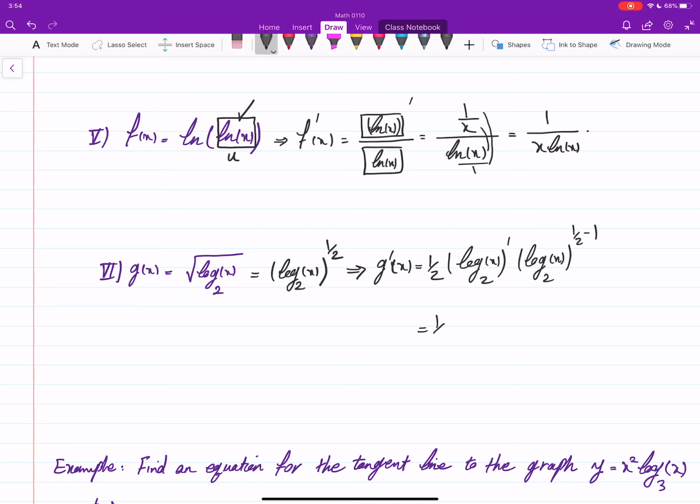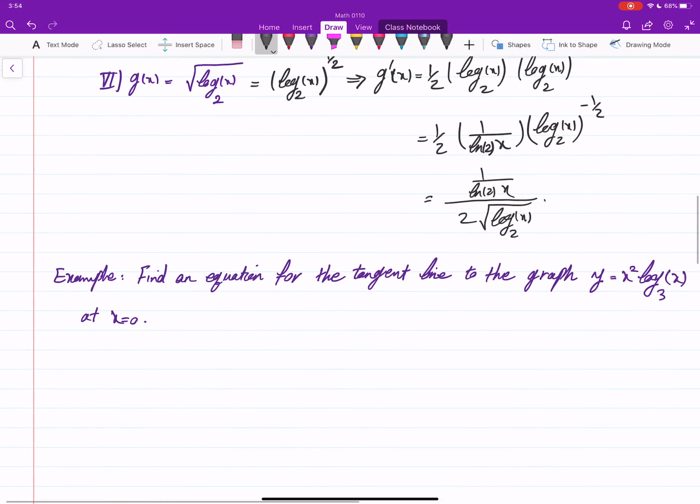This gives us half of log of x base 2. The derivative is not just 1 over x. It is 1 over ln 2 times x. And this is log of x base 2 to the power negative half. If you simplify, if you write everything nicely, this will be 1 over 2 ln 2 x root log of x base 2.